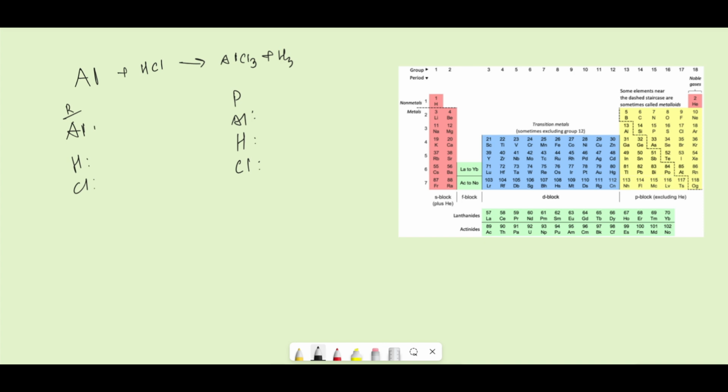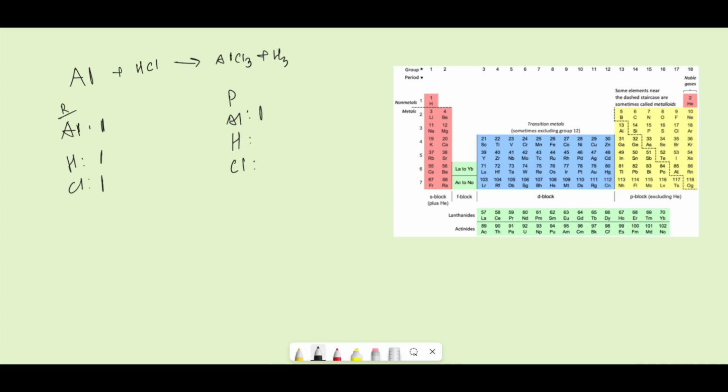So you have 1 aluminum on the reactant side, you have 1 hydrogen and 1 chlorine. On the product side, you have 1 aluminum still, but you have 3 chlorines and 3 hydrogens. So, what's a good way to balance this?